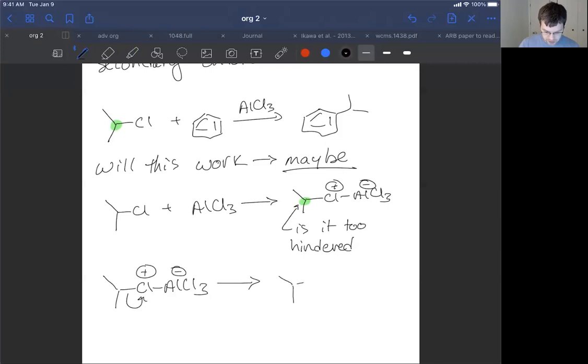It's going to give us a secondary cation. Is it too hindered? Is this stable enough?